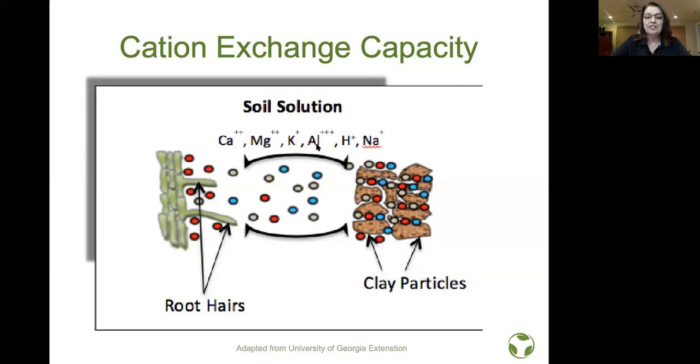So the clay particles, acting as a negative magnet, are going to hold things like the sodium, the hydrogen, aluminum, which we don't want a whole lot of, potassium, which is really important for fruit production. And also the other thing potassium's super important for is the good operation of the stomates on the bottom of your leaves, which control how much water is transpired.